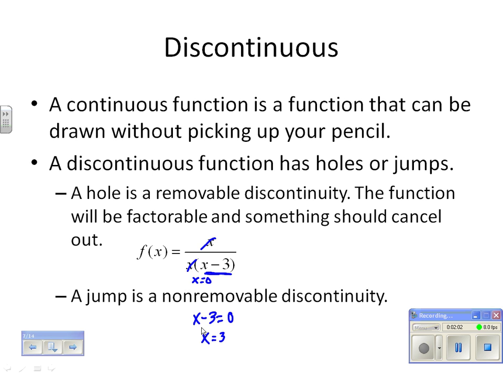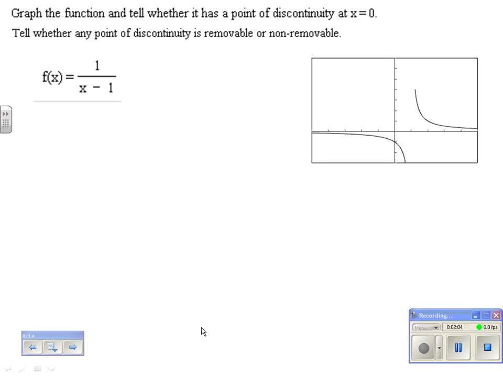Let's look at an example with a graph. This graph up here on the right, we want to know, is it continuous or discontinuous? And so if I look at it, I can draw right here, but then to keep going, I would have to pick up my pencil and move it up here to keep drawing.